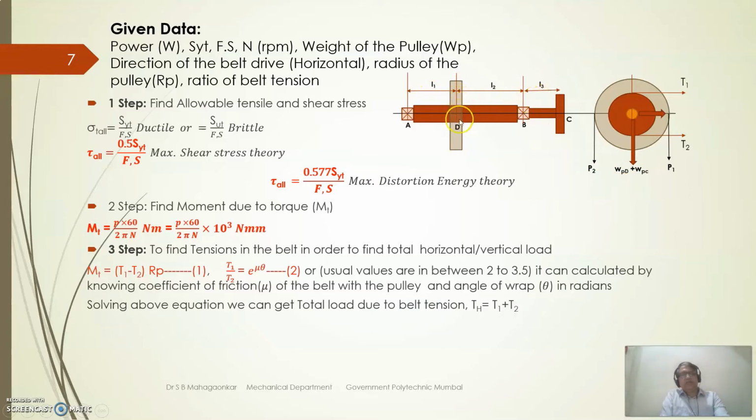He should also give the radius of the pulleys, because once you know the radius of the pulleys, only then can I find T1 and T2. So the first step is to find the loads. Step 3 is just to find the tensions in the belt, whether horizontal or vertical.